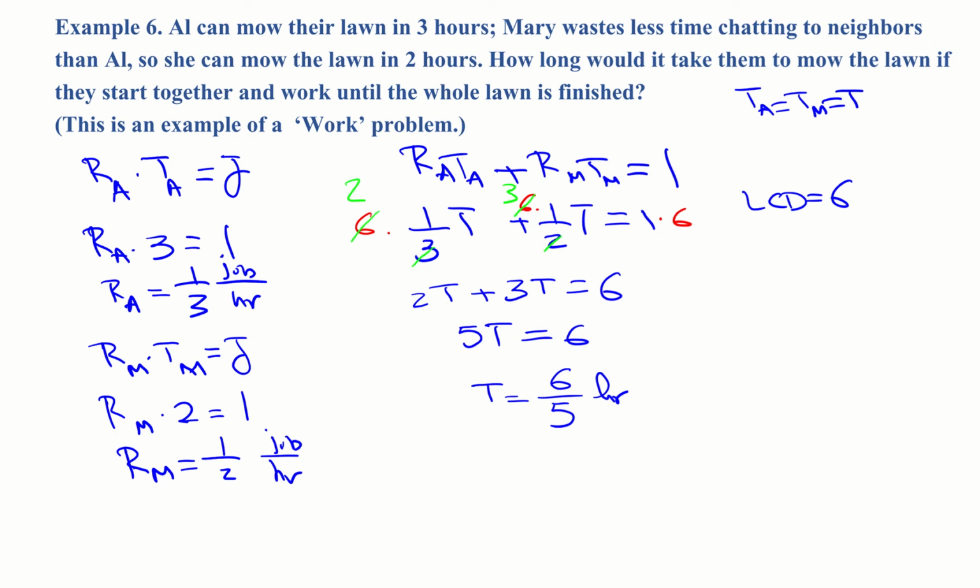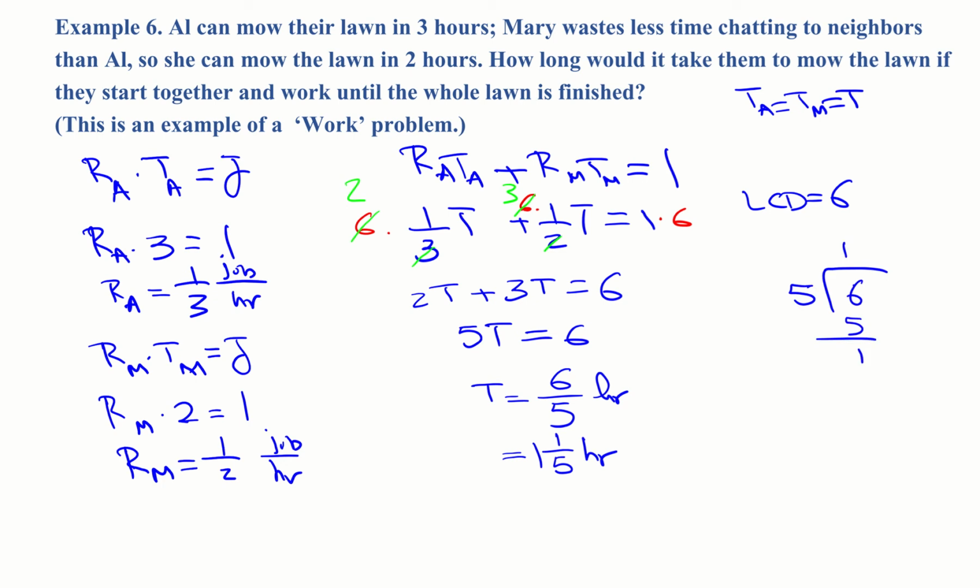So of course, if we don't want to sound too distant from society, we don't want to say 6/5 of an hour or anything like that. So we're going to make that sound a little bit more everyday conversational. So that means 1 and 1/5 of an hour. Of course, if you just divide 6 by 5, you get 1 and 1/5.